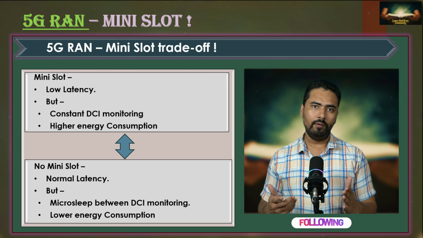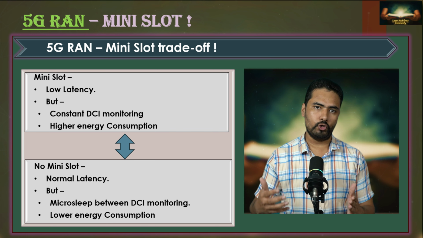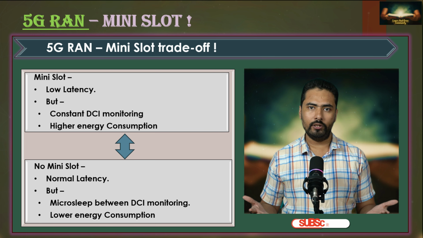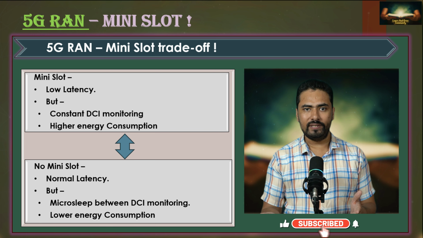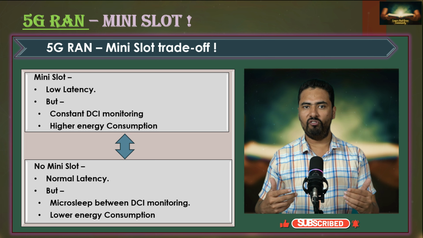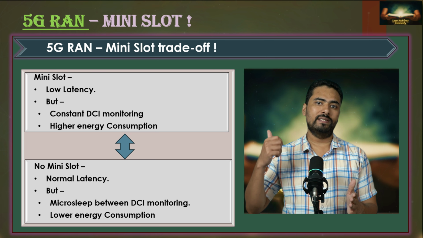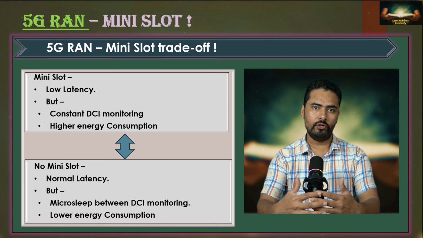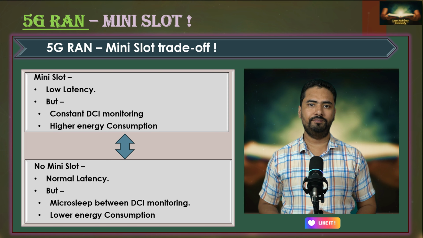Typically, the UE monitors the downlink control information channel or DCI channel to know when it needs to receive data. The UE monitors the channel at the beginning of each slot and then goes into sleep mode for the rest of the slot duration to save battery power.